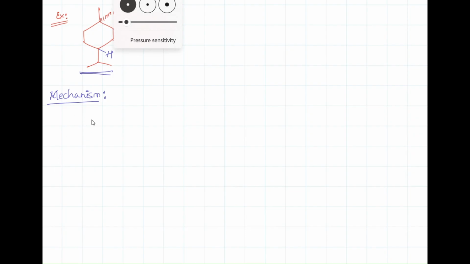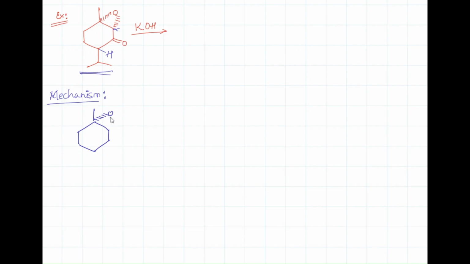The mechanism of all Favorskii rearrangements involves a three-membered cyclopropanone ring as an intermediate. So here the epoxide group is there, the ketone group is there, and the isopropyl group is there.